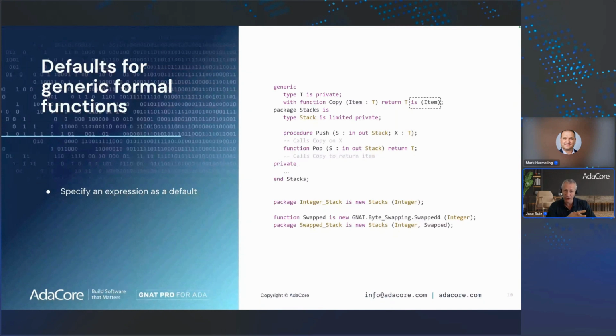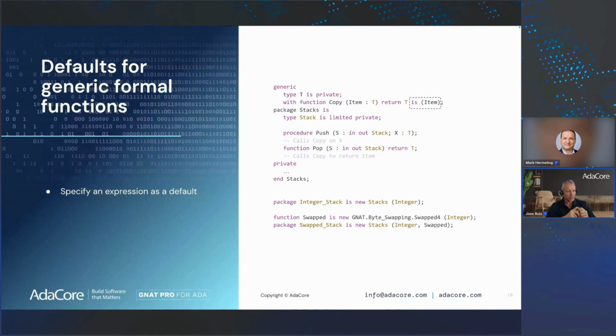In this case, you have a function copy, and we provide a default implementation of it. It means that you can either instantiate with another function, or if you don't specify the function, the compiler will take that by default.